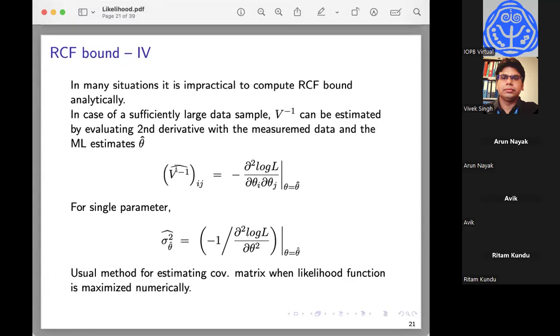That means the inverse of the covariance is simply written as minus the double derivative of log L with respect to theta i and theta j at theta equal to theta hat. So you calculate the derivative and then take the value at the estimate. In the case of a single parameter it is the same, just with one parameter, minus del square log L by del theta square. This is the usual method for estimating the covariance matrix when the likelihood function is maximized, usually using a numerical method.